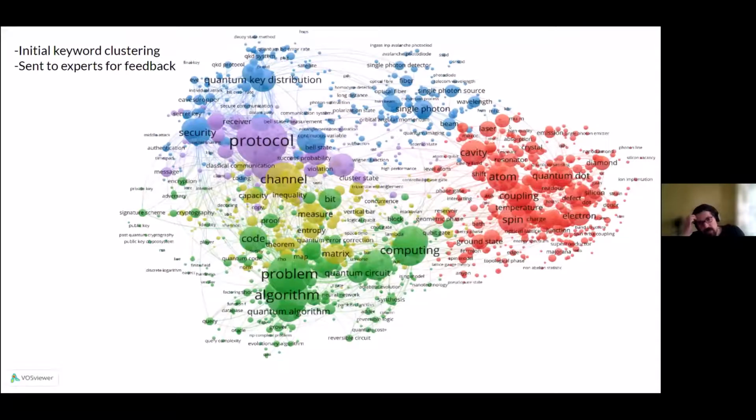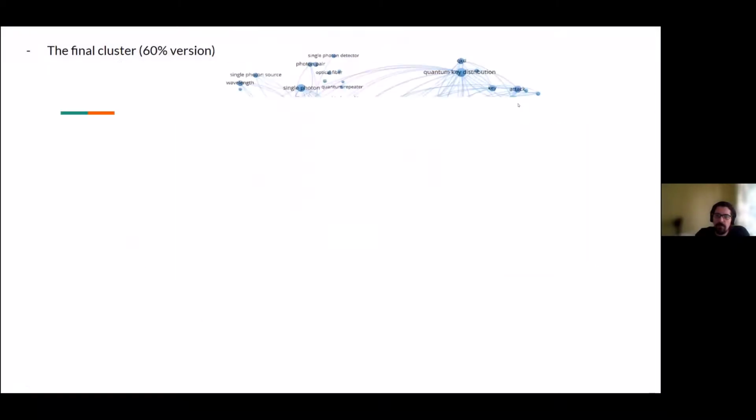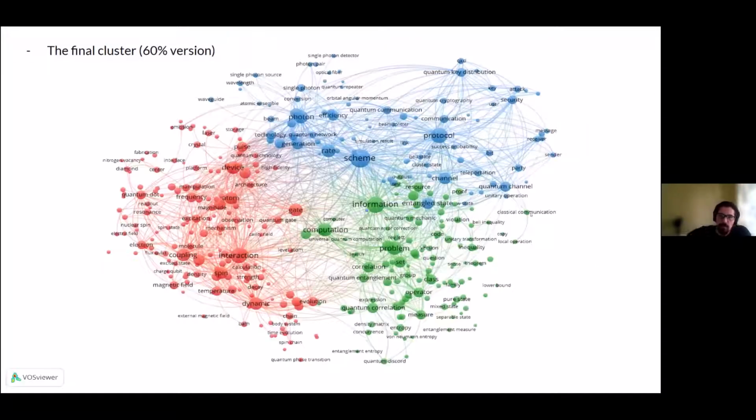And this is our initial keyword clustering. We sent this to experts for feedback, and after the final search query, we have found this kind of clustering. Here you can see there are 3 clusters. The colors are arbitrary, you can change them.